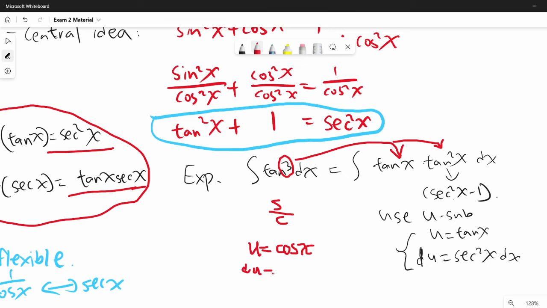Then du will equal negative sine x dx, and that's the top part. So it'll be like 1 over u, which would be ln of cosine x, or rather the negative of that, plus c. And that's the way to solve it.